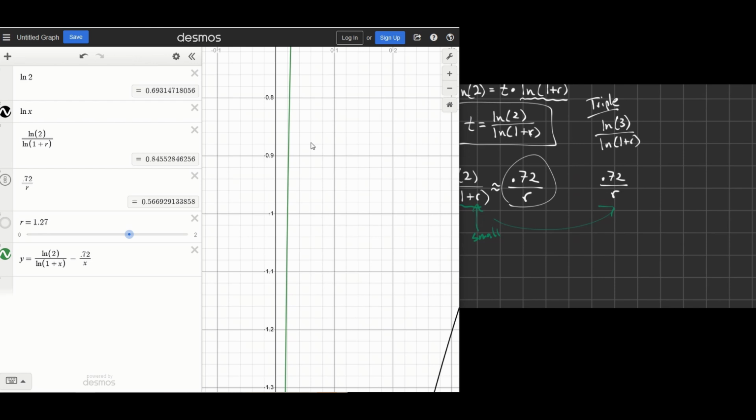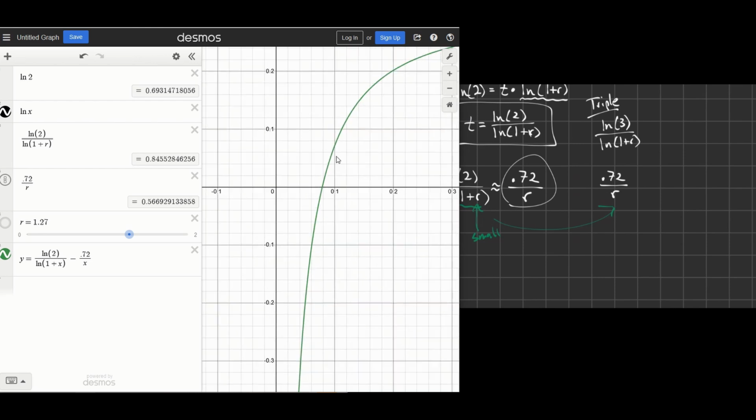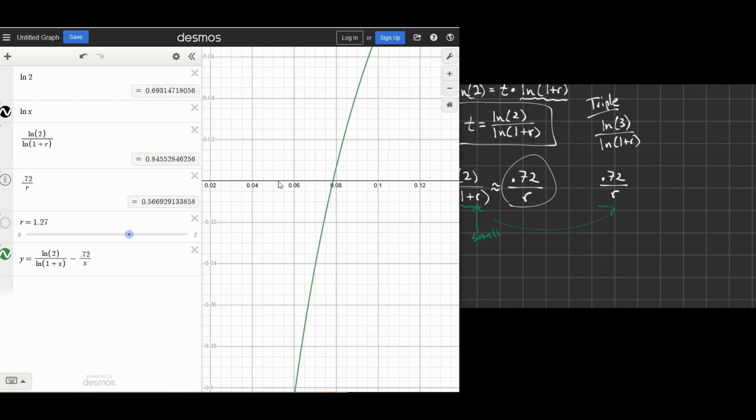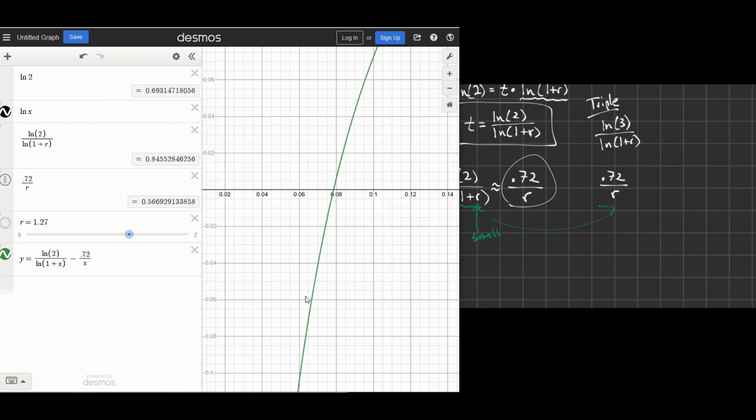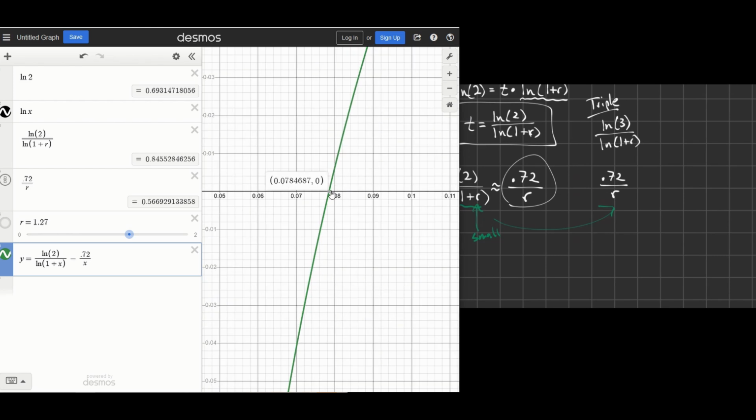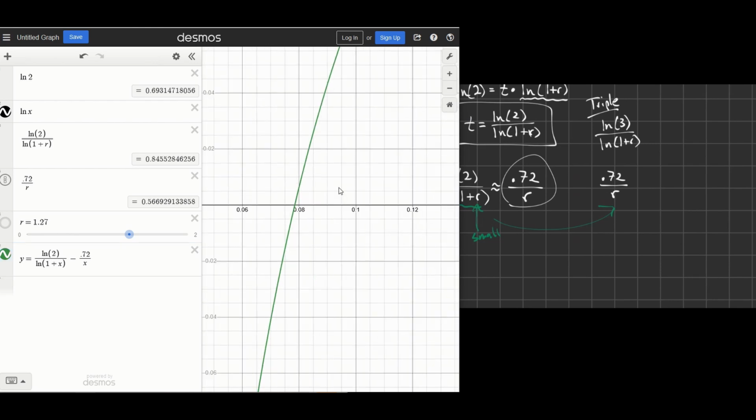Then as the interest rate goes up, closer to 5, 6, 7%, you'll see the difference shrink. Here's 6%. The difference is only about 1/10 of a year between the approximation and the actual value, so that's pretty good. And when we looked at 8%, that one was really close. There's almost no difference at 8%. It's off by less than a hundredth of a year. Those are almost the same values.